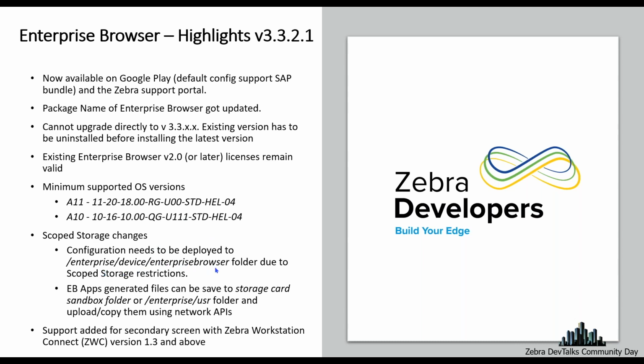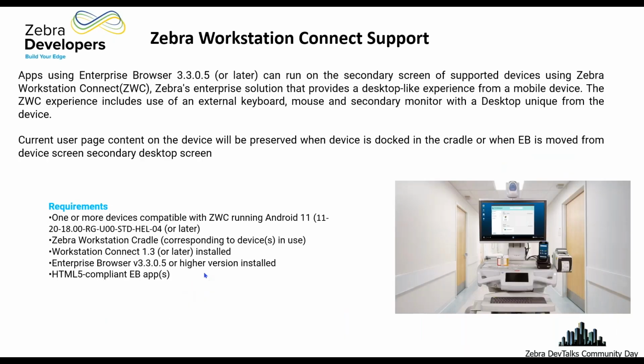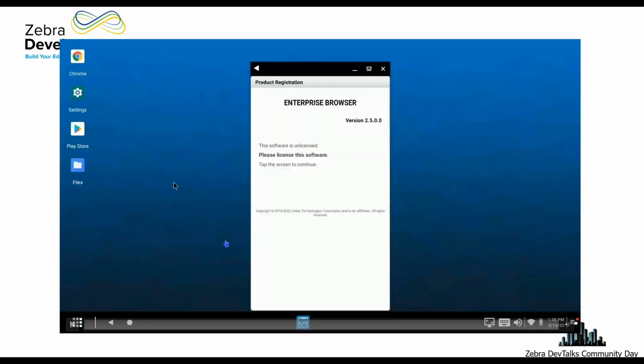We used to deploy the configuration files into the SD card, but now it is supported through the device's Enterprise Browser folder. But you can see that scoped storage related features such as SSM file deployment will be integrated in the next version of Enterprise Browser. Enterprise Browser will also support Workstation Connect.